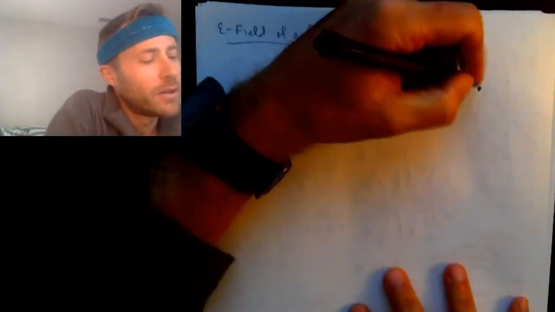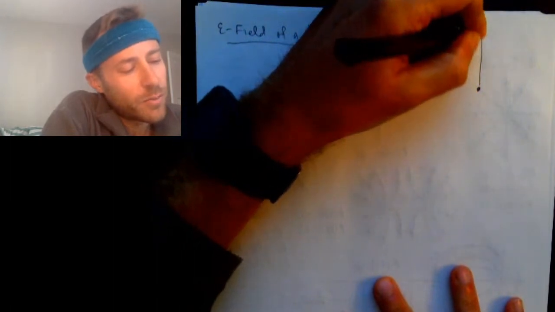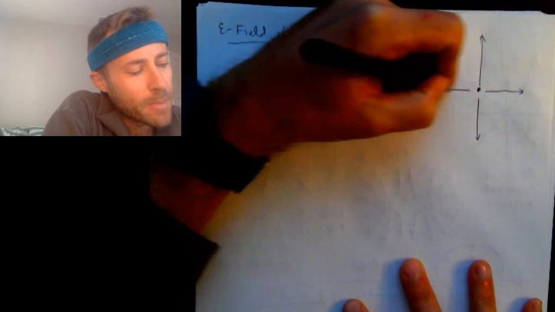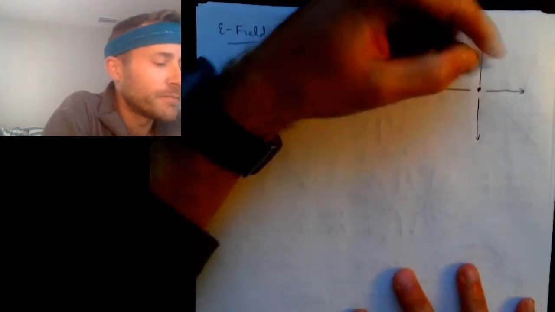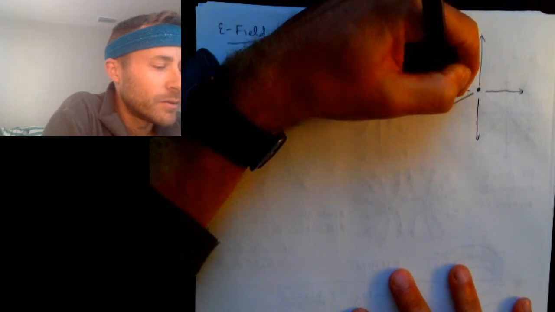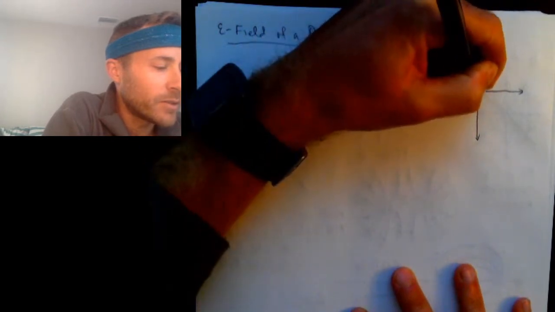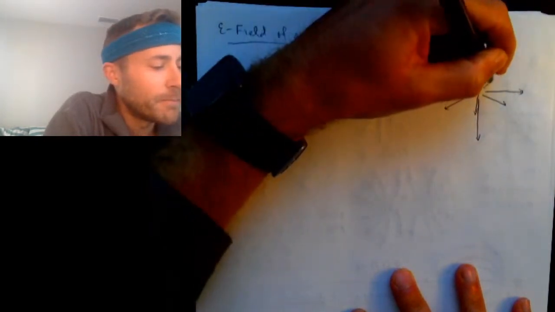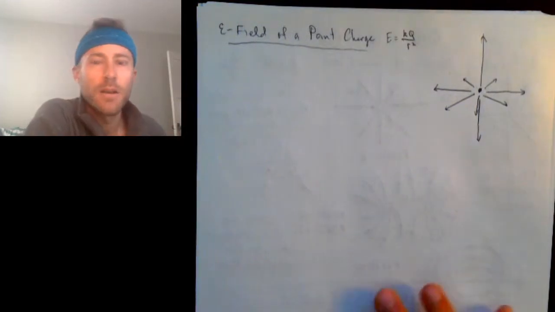So that means that the electric field points directly away from the point charge. I'm trying to make this look kind of like 3D, like that, points directly away.